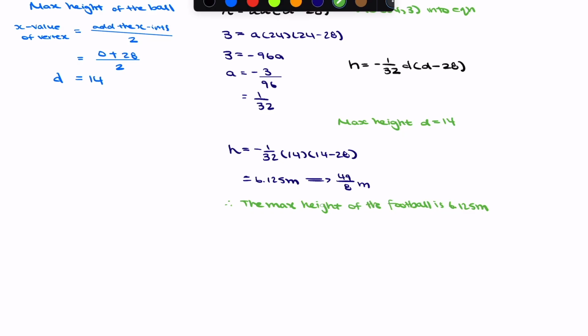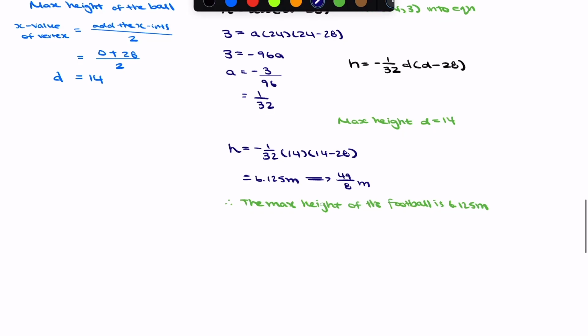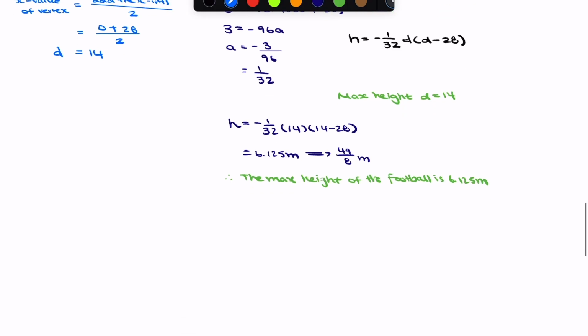And here it says, how far has the football traveled horizontally when it reaches its maximum height? So here we're going to try to find the d value here. So here we sub in 6.125 is equal to -1/32 d times d minus 28.